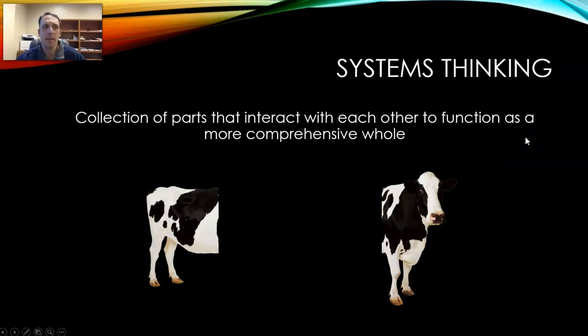The last couple of things I want to introduce are some specific components that need to work their way into your strategic plan. And the first is systems-based thinking, or just systems thinking.